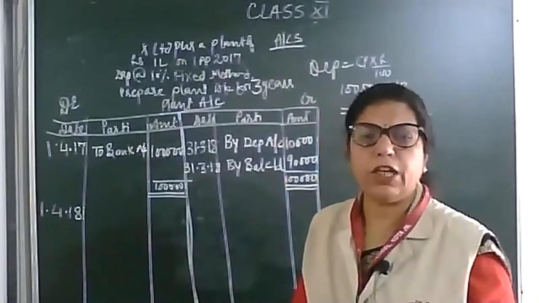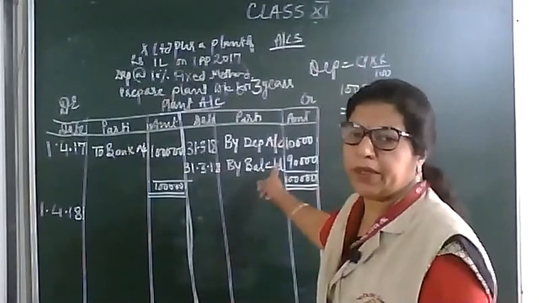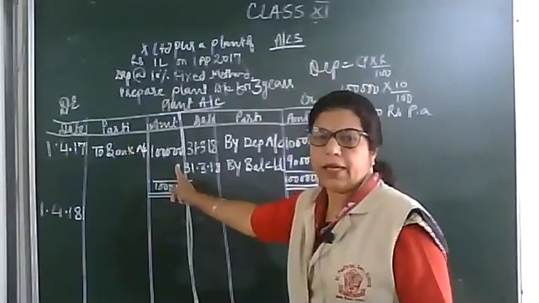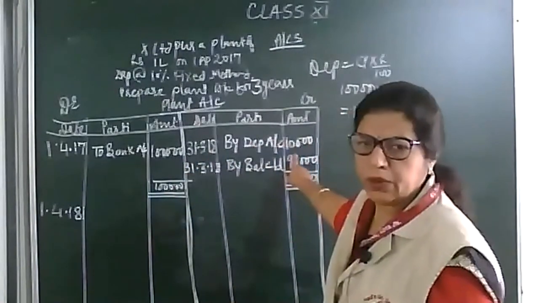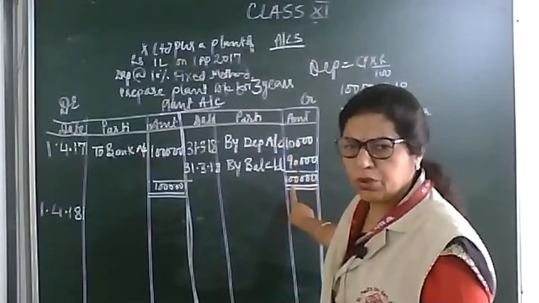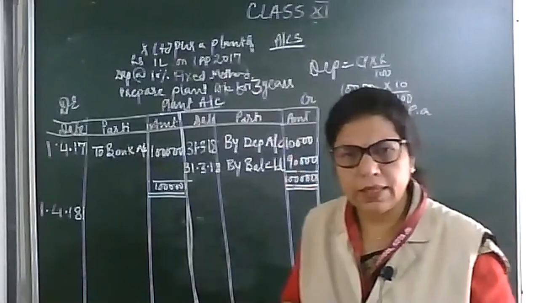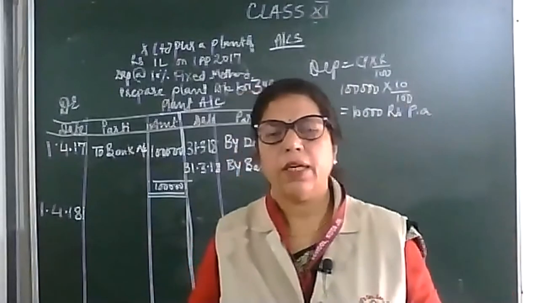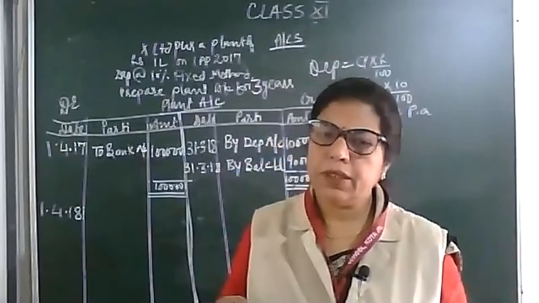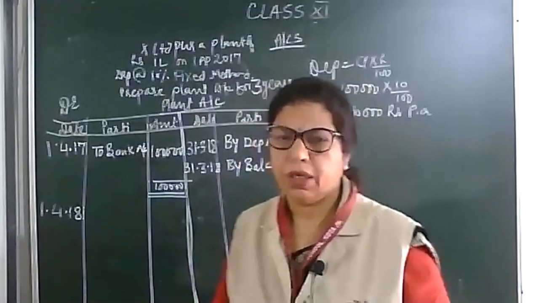The value of plant at the end of the year will be 90,000 now. 1 lakh minus 10,000, value will be 90,000. Total is 1 lakh. Balance CD, carried down, or in some books that is written CF, carry forward.